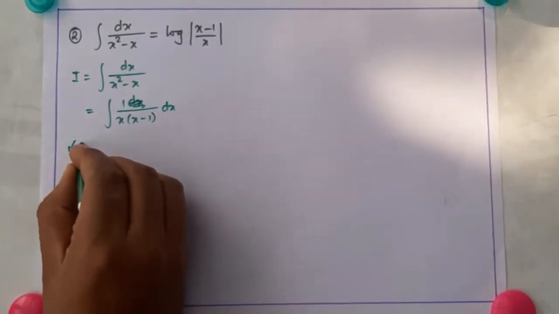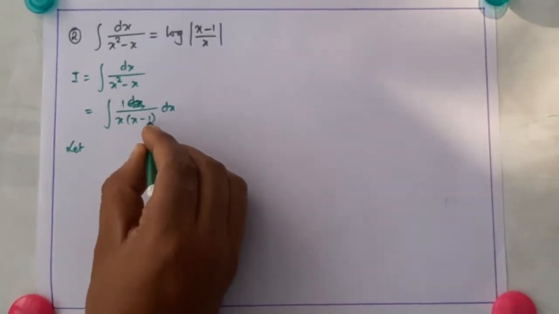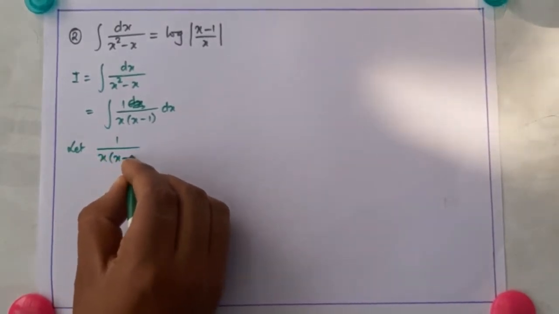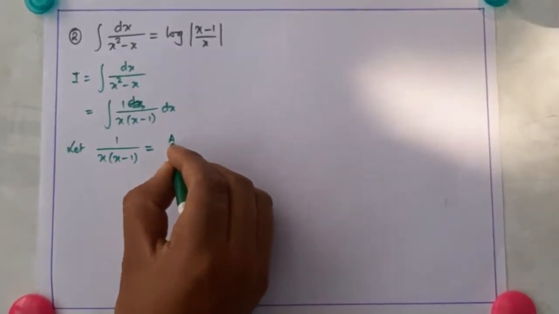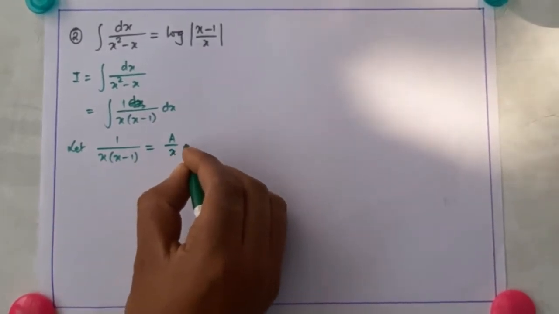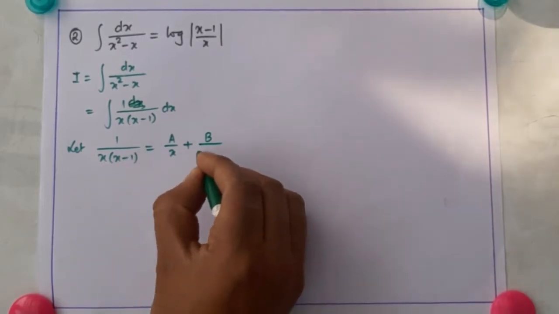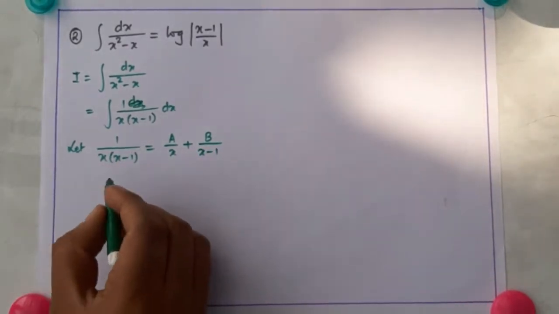Then, this is your x minus a, this is your x minus b, so you have to take 1 by x into x minus 1 equal to a by the first factor plus b by the second factor, that is x minus 1.